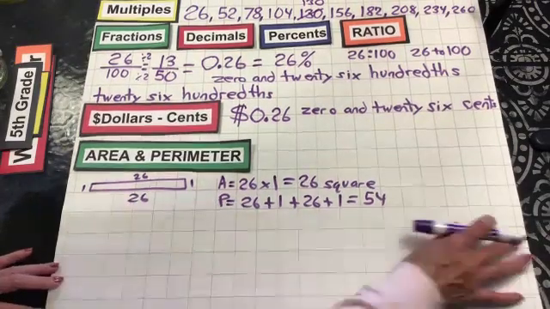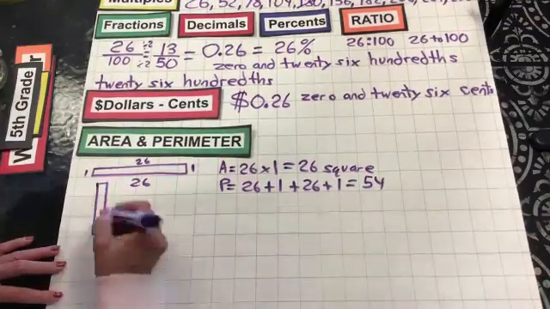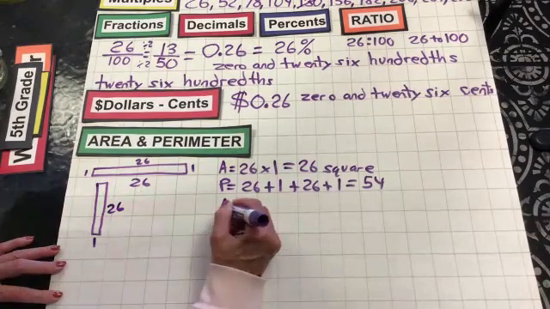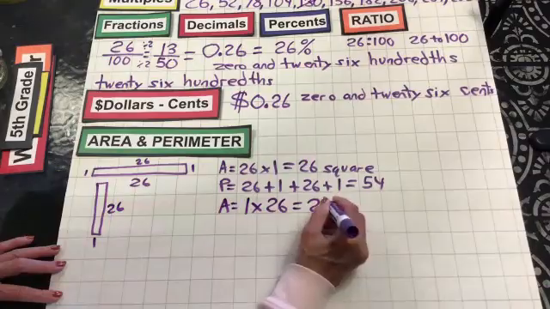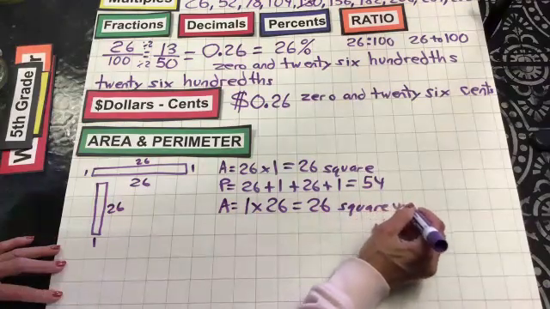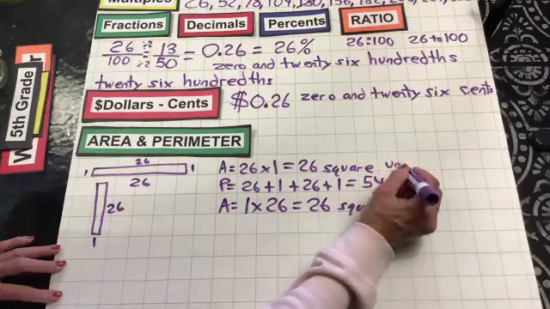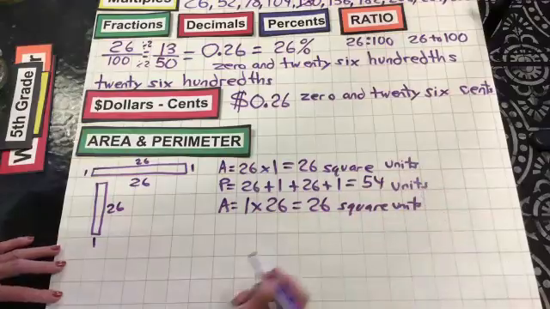Okay, so again, we're looking over here, and we're going to stand it up this time, making it a 1 by 26. Area equals 1 times 26, which equals 26 square units. Make that units. Don't let me forget.